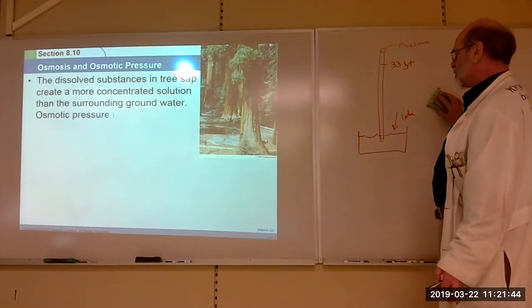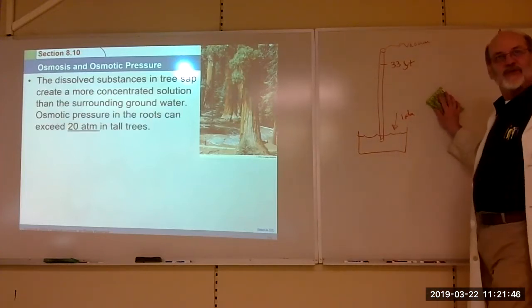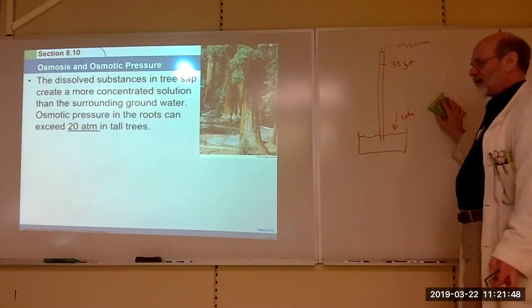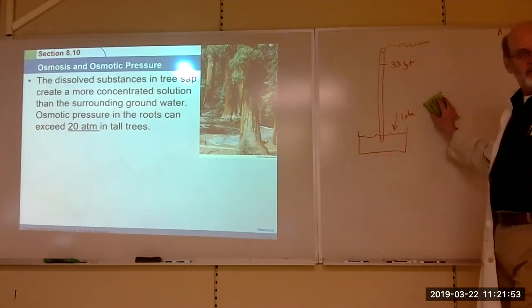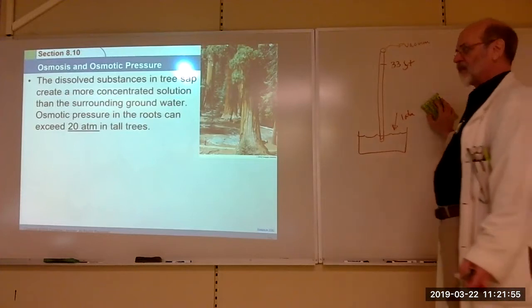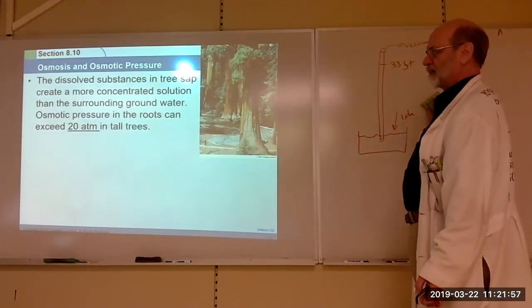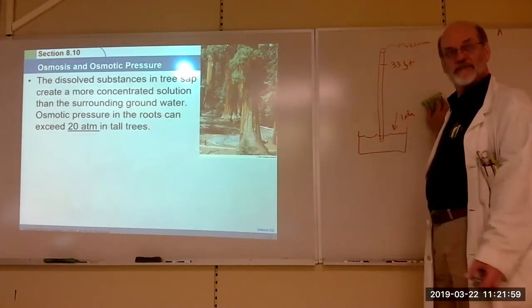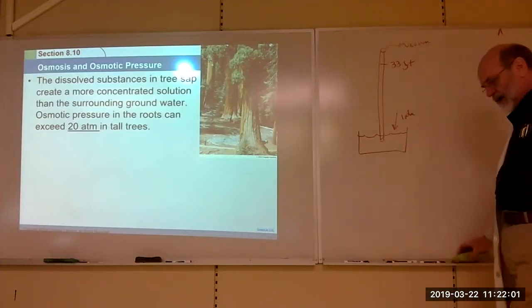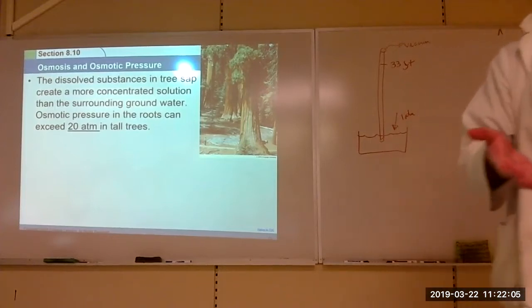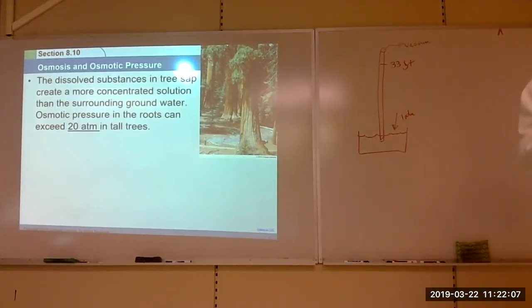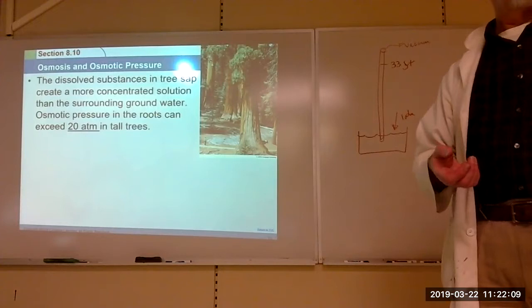Well, it's not just a simple tube. A tree root and all of the xylem in the tree, which is the water conducting tissue, has dissolved solids in it, dissolved substances, which in contact with fresh water in the ground will set up the osmotic pressure, right?